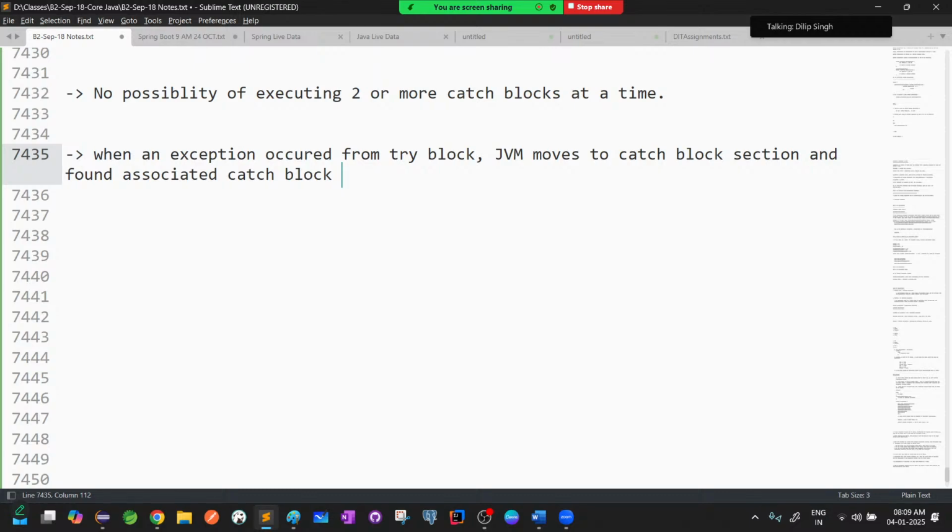The catch block will be executed, but JVM will not come back to the try block again. So understand the point. It's not like JVM is going to come back to the try block.